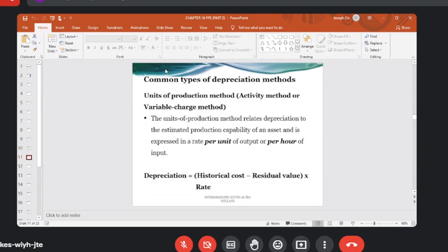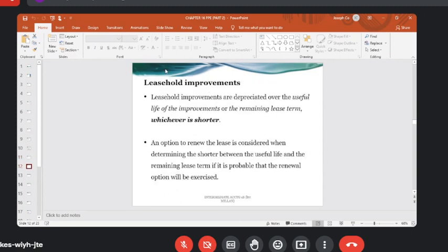Units of production method, or activity method, or variable charge method: the units of production method relates depreciation to the estimated production capability of an asset and is expressed in a rate per unit of output or per hour of input. Depreciation is equal to historical cost minus residual value multiplied by the rate.